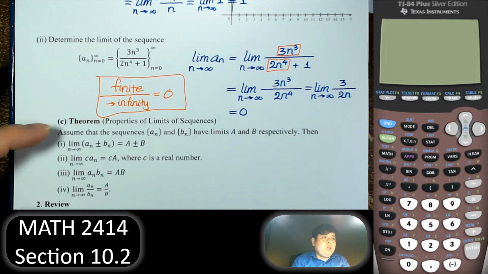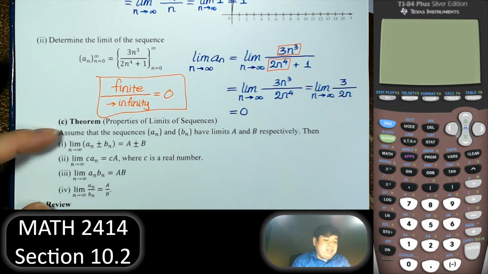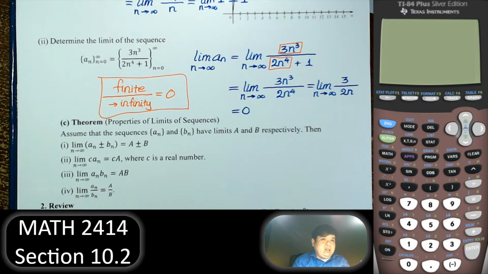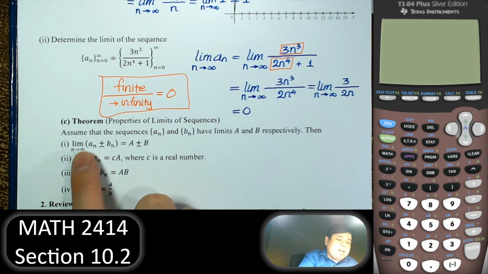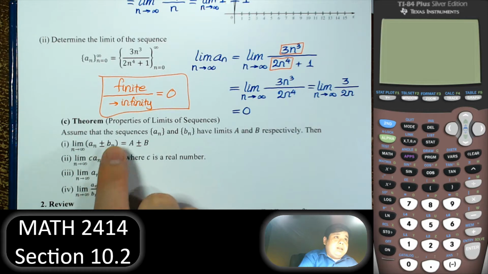So next, we have this. By the way, you see something similar to this in limits, derivatives, integrals, and now summation. Pretty much it says the limit of a sum is the sum of the limits. The limit of a difference is the difference of the limits.